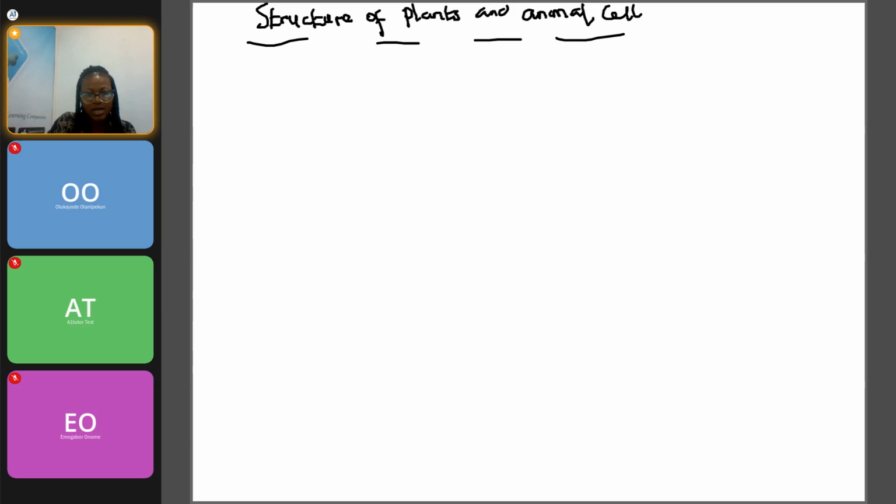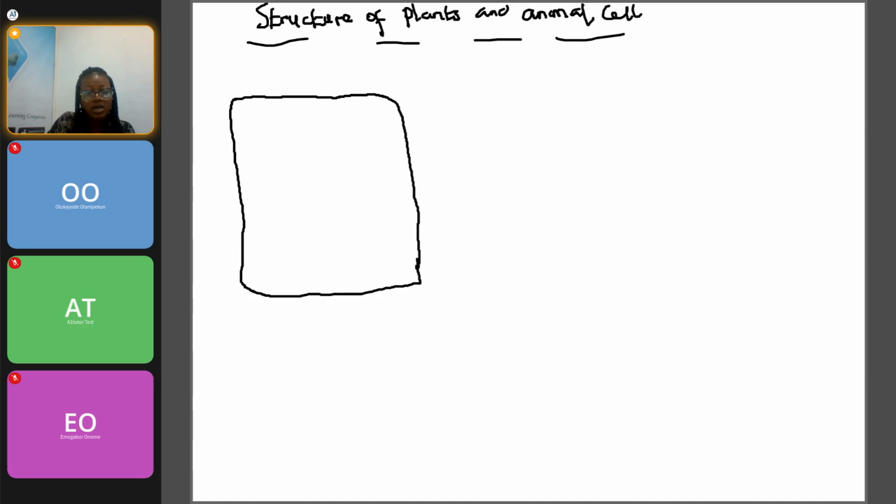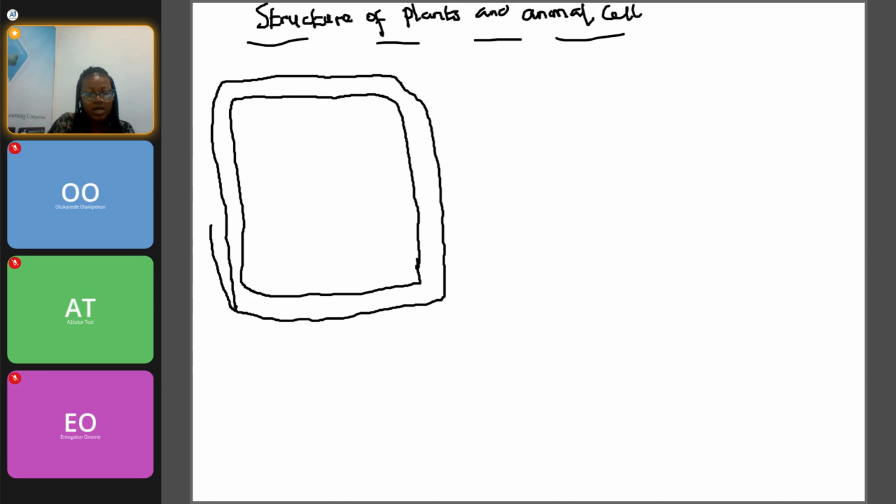Note that plant cells are rectangular in structure. And animal cells, they are circular in structure.